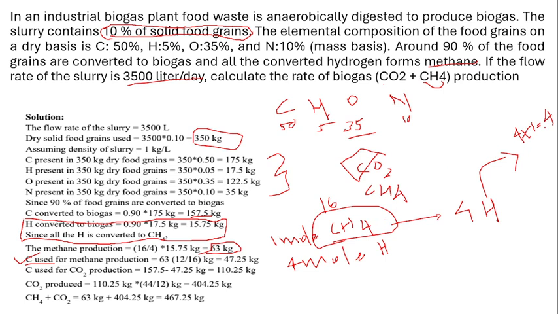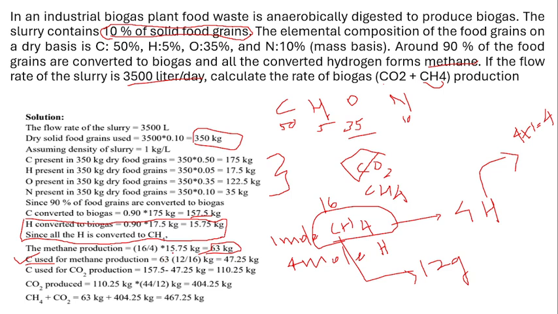As we have calculated that 4 grams of hydrogen is required for 16 grams of methane, in the same way we have to calculate for carbon also. So 12 grams of carbon is required to form 16 grams of methane. So divide 12 by 16 and multiply it with 63, which is the total methane.